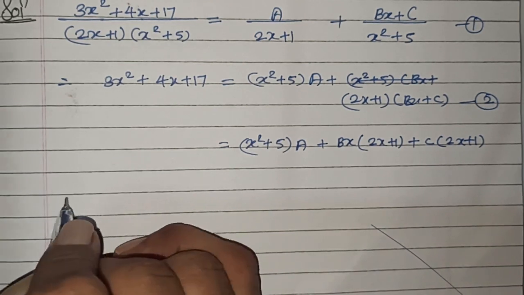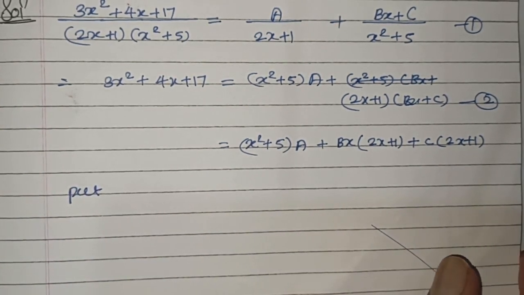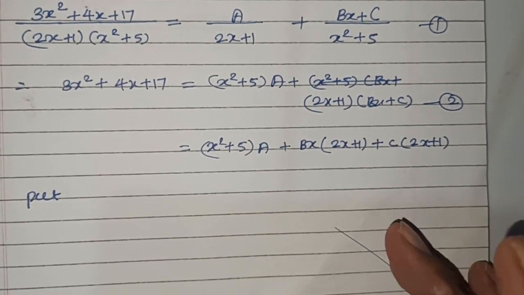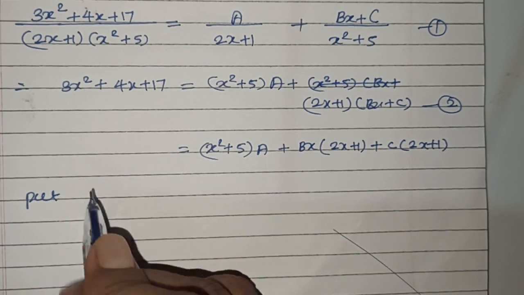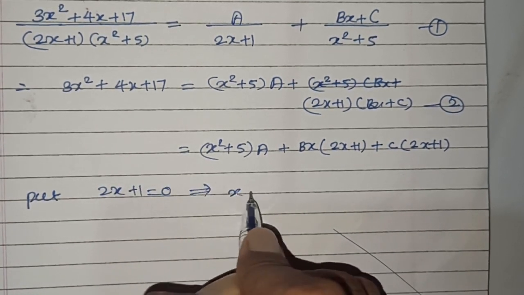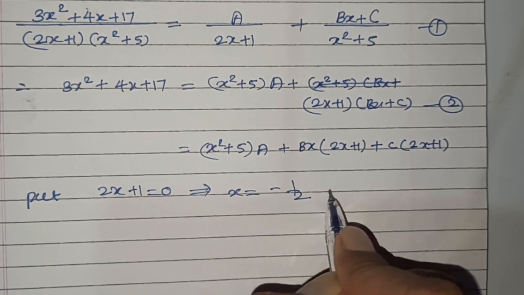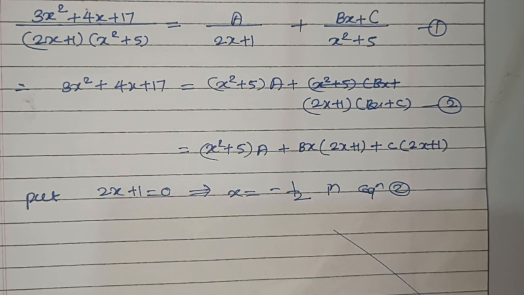Okay, so first put the common bracket to find the value of a. Put the common bracket, that is 2x plus 1, as 0 here. That means the value of x is minus 1 by 2 in equation number 2nd.